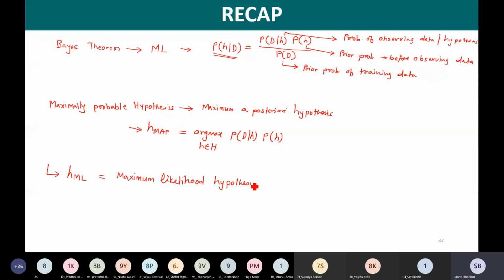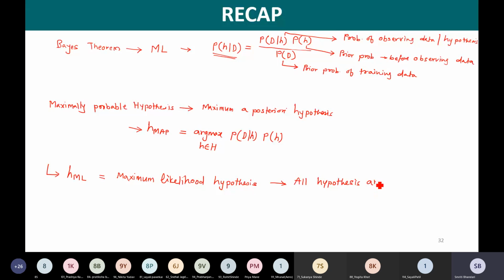And to come up with this maximum likelihood hypothesis, we assumed that all hypotheses in the hypothesis space are equally likely.